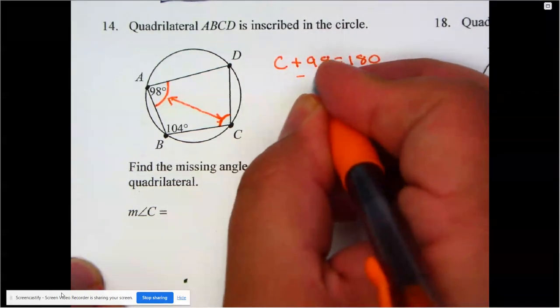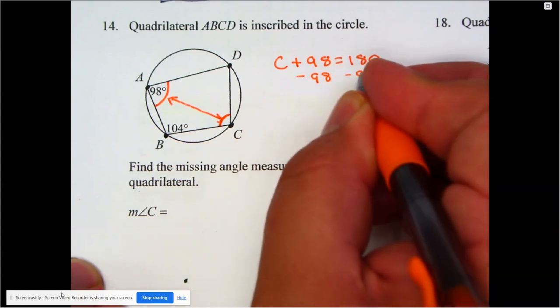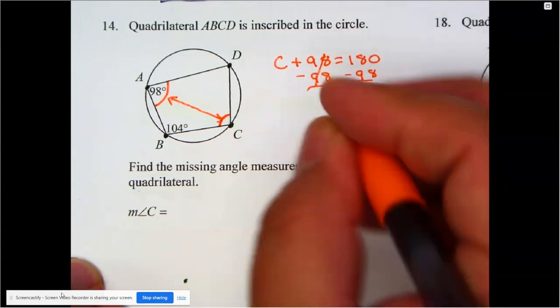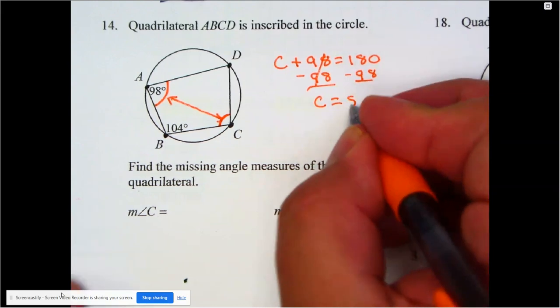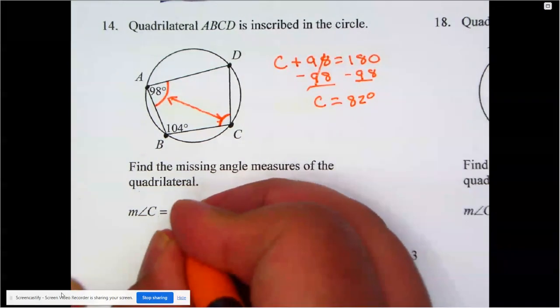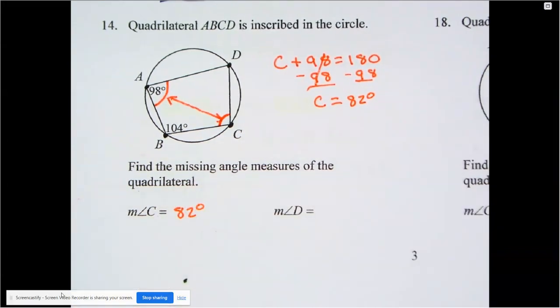Well, all I have to do is a quick little subtraction. Subtract the 98. This is not a 360 question. So 180, take away the 98, and we get an answer of 82. Just like that, we found this answer, 82 degrees.